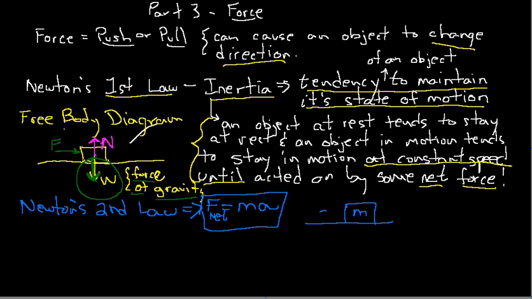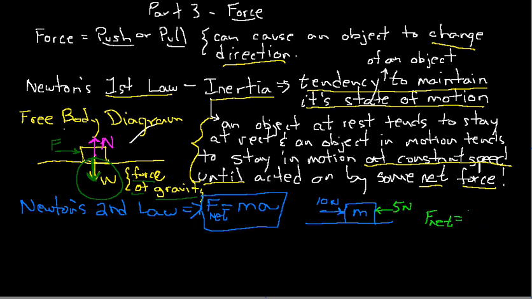Now, what do we mean by net force? Suppose I push here with a force of 10 newtons, and suppose you are on this side pushing this way with a force of 5 newtons. So my net force in this case would be 10 newtons going in the plus direction, 5 newtons going in the negative direction.